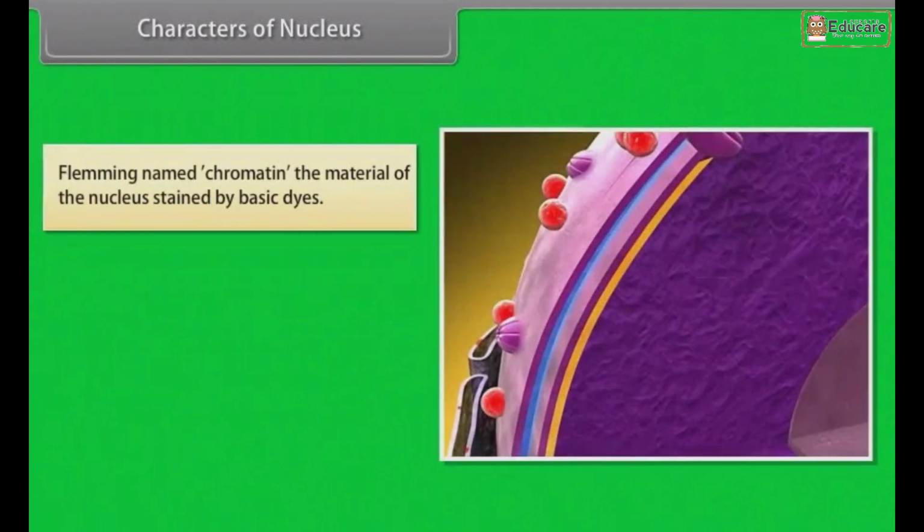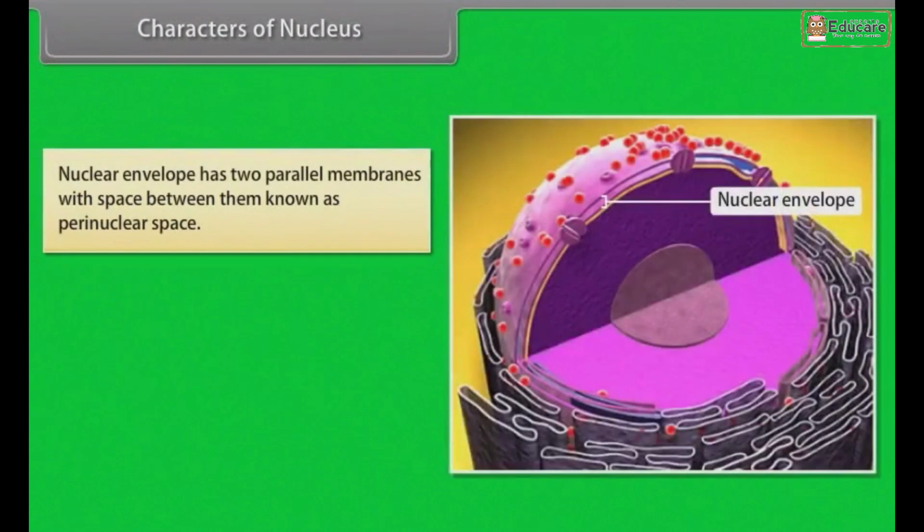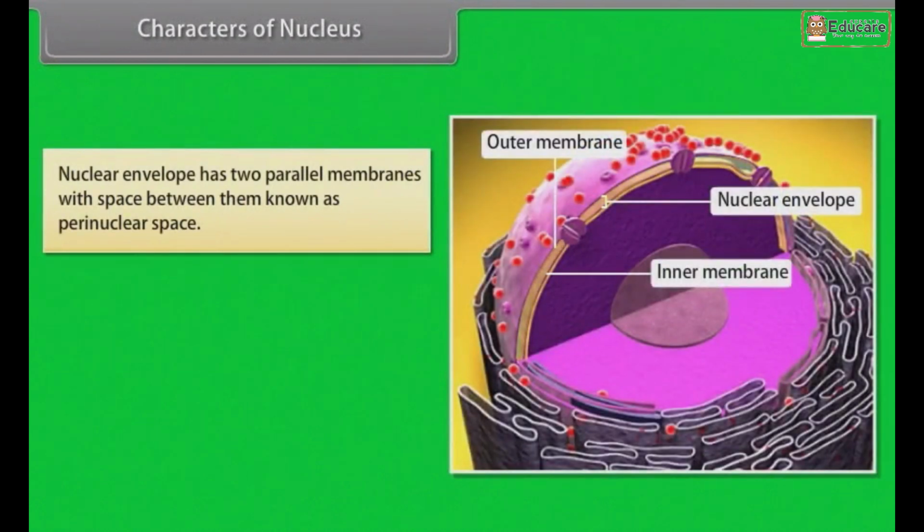Fleming named chromatin the material of the nucleus stained by basic dyes. The interphase nucleus has highly extended and elaborate nucleoprotein fiber called chromatin, nuclear matrix, and one or more spherical bodies called nucleoli.